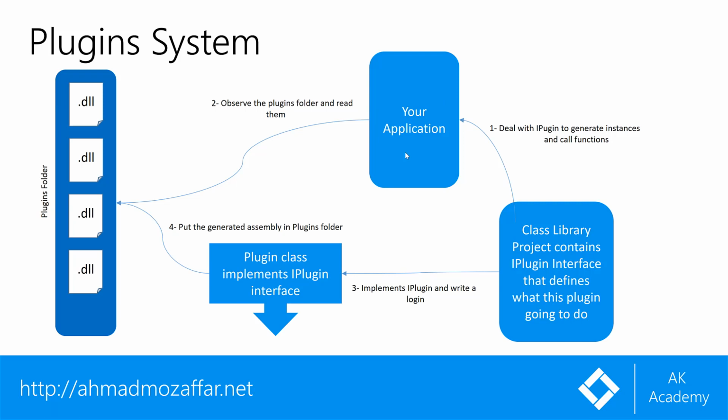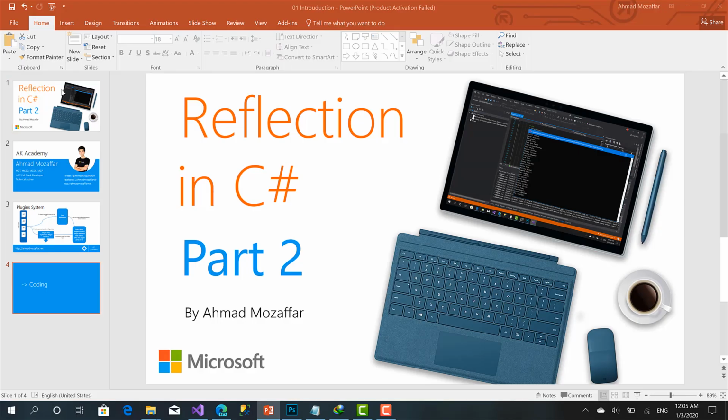You can see this in Photoshop maybe, or there are a lot of big apps, even Office. Sometimes other developers can create plugins and you can simply download them and use them inside Office. So this is a quick overview, but while we start coding and implementing, things are going to be more clear. So let's get started.